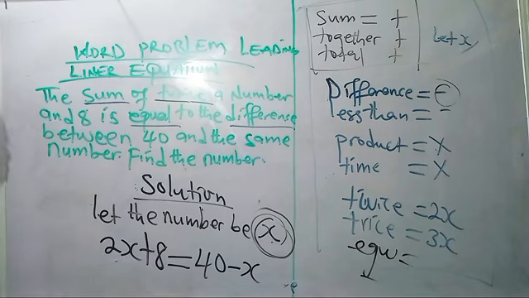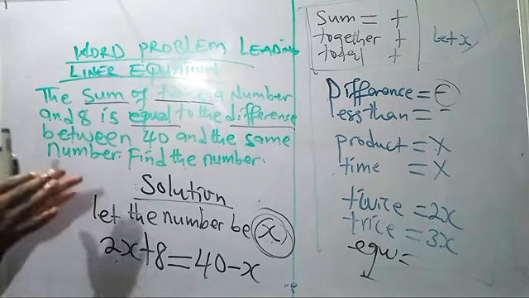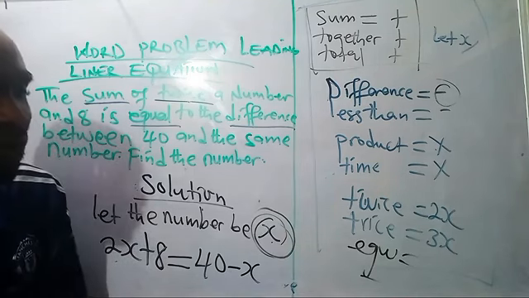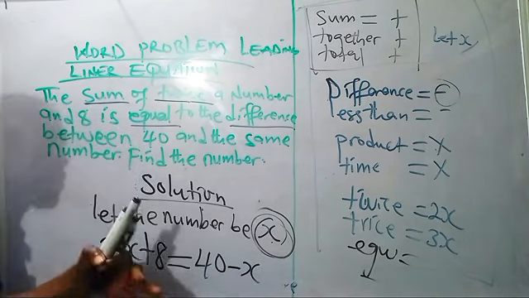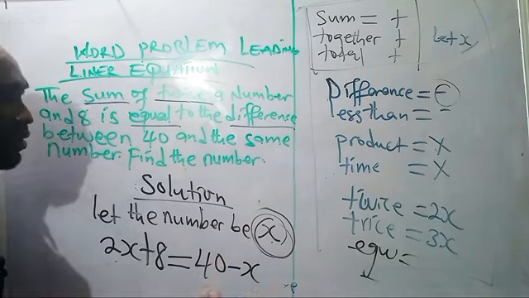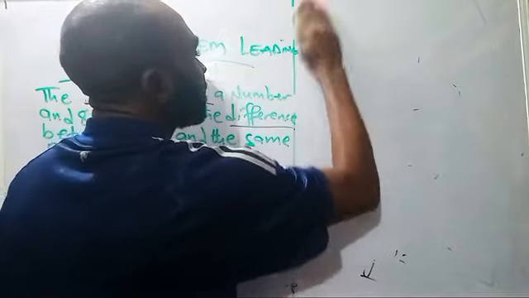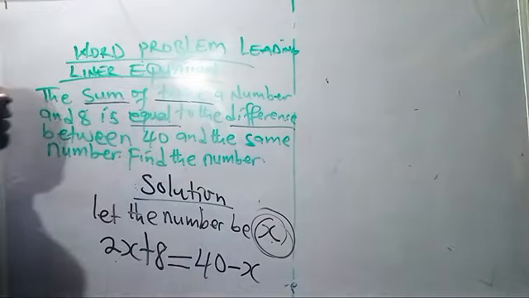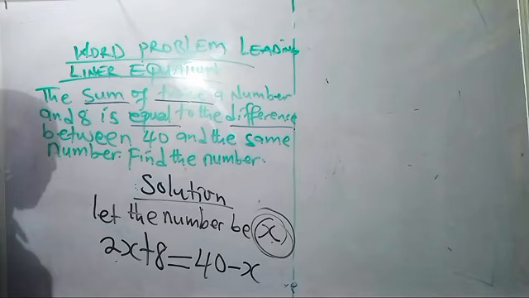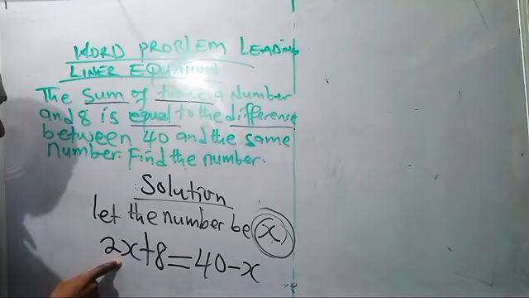Now, in solving a linear equation, you gather all the things you see that are similar together. In doing that, you do what is called separation. You either collect them to the left or to the right. So let's continue here. Since we have this equation, anything that has x, let's call the Igbo people, while those without x, let's call the Yorubas.